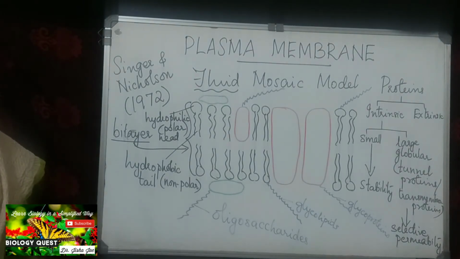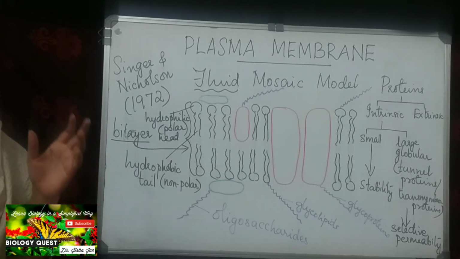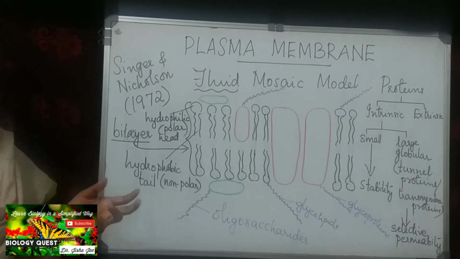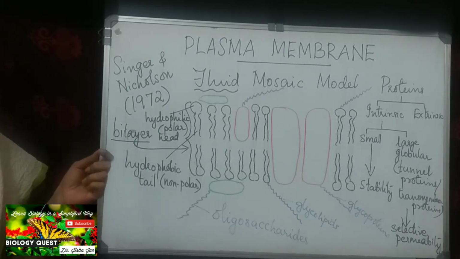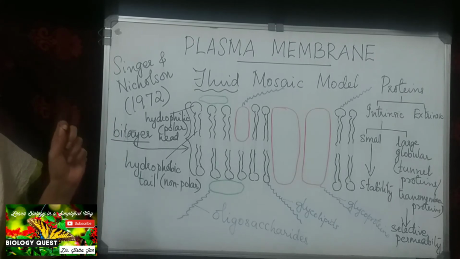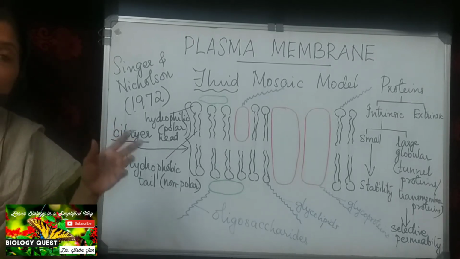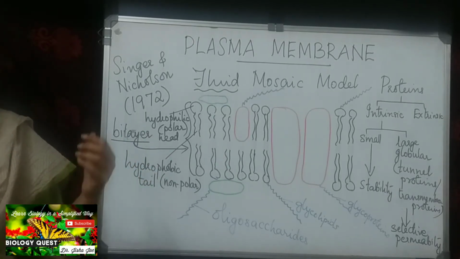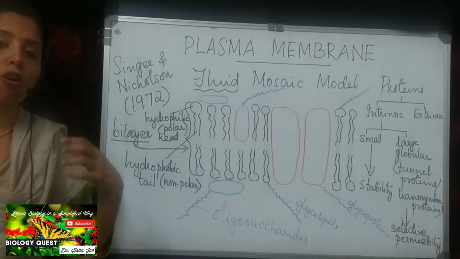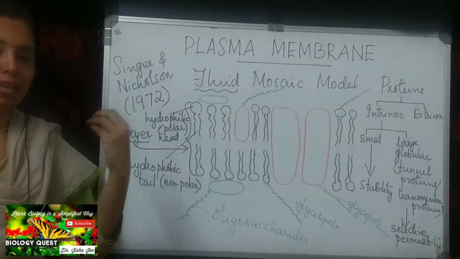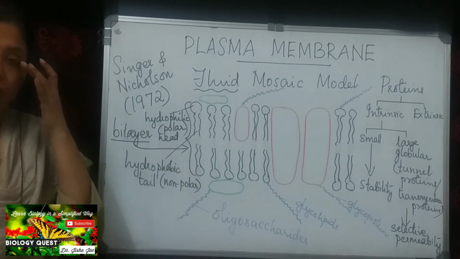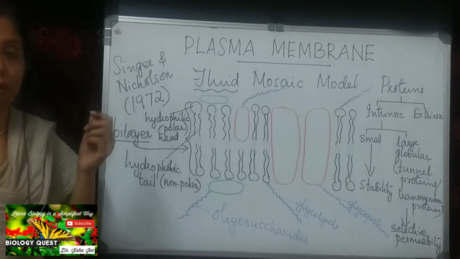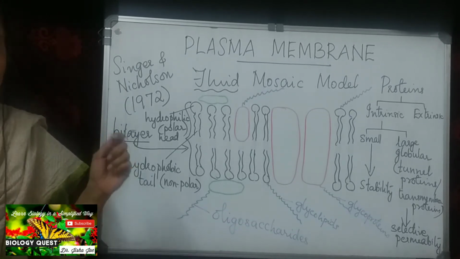The presence of oligosaccharides on the cell membrane helps in cell recognition, and also acts as receptor proteins or cell receptors, which help in binding with specific molecules that reach the surface of the cell, allowing the flow of information or materials into the cell. And also the oligosaccharides act as drug receptors.